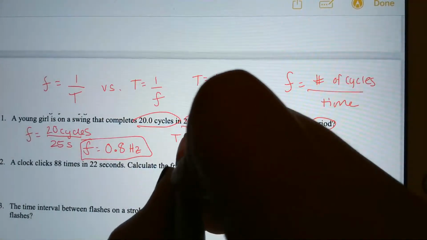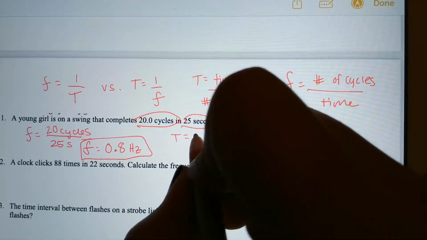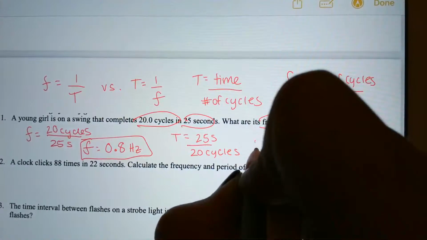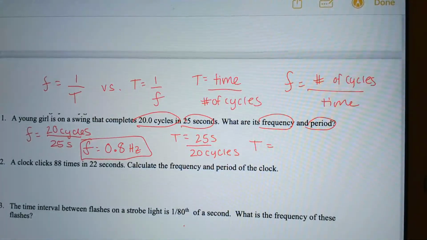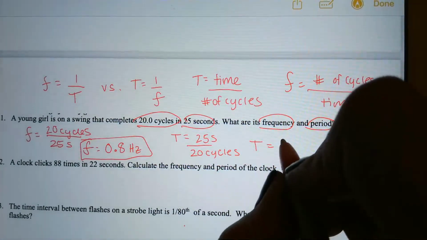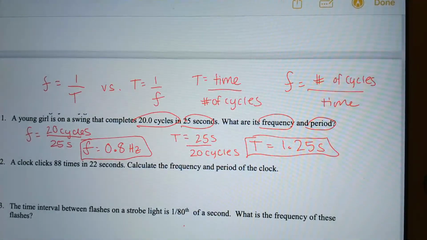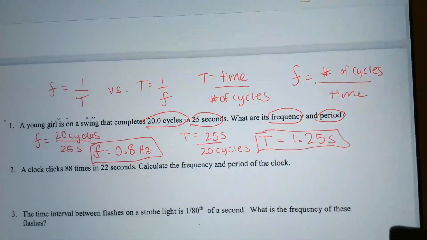And the period, we'll just flip that, will be 25 seconds over 20 cycles. And that'll be 1.25 seconds. Remember, period is another way to say time.